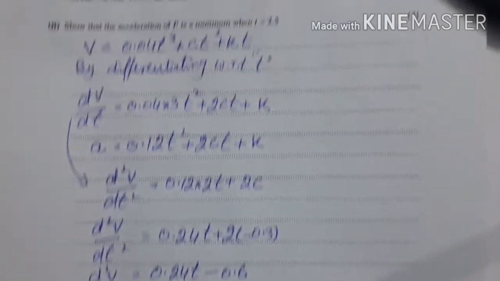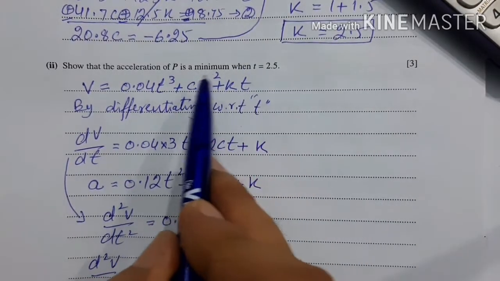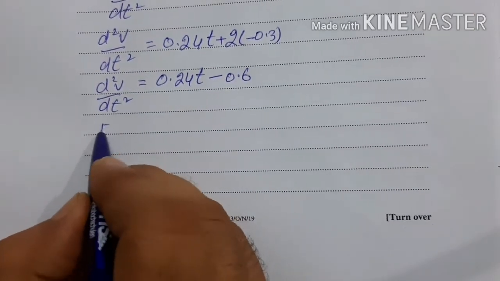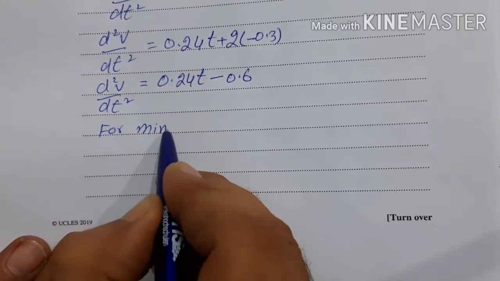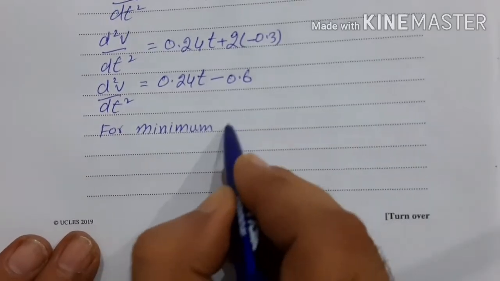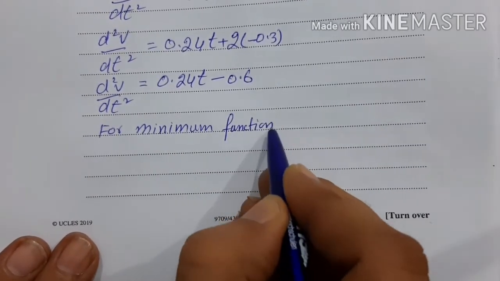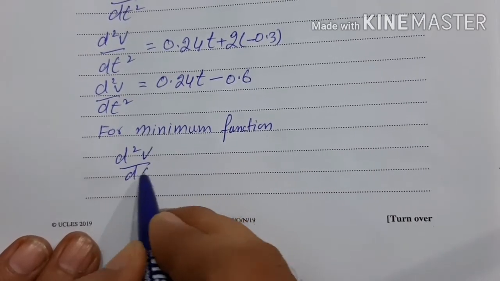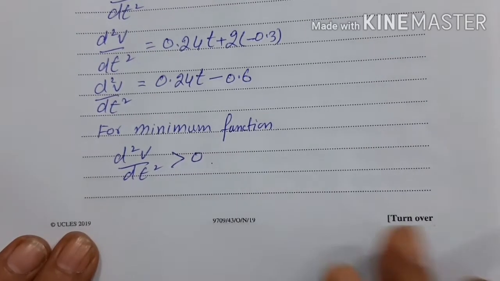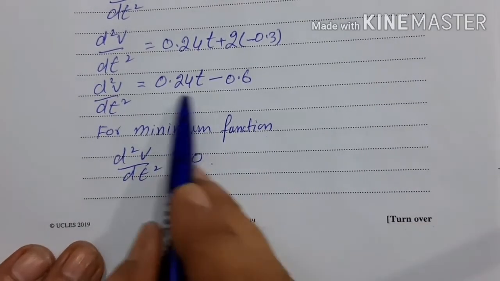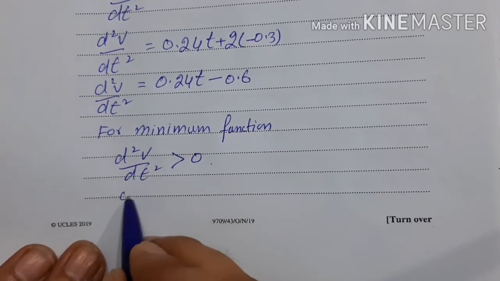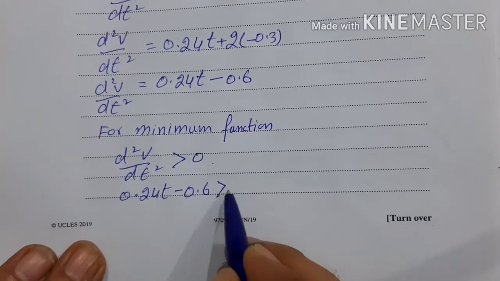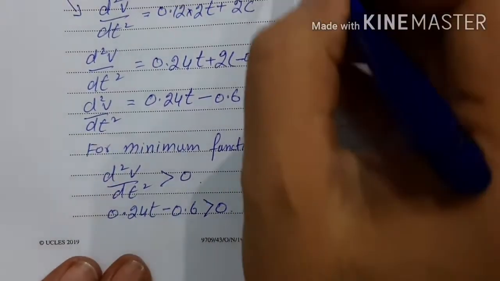Since we are talking about the minimum function, I hope everyone knows for a minimum, d2v by dt squared is always greater than 0. So it means this expression, 0.24t minus 0.6, should be greater than 0.